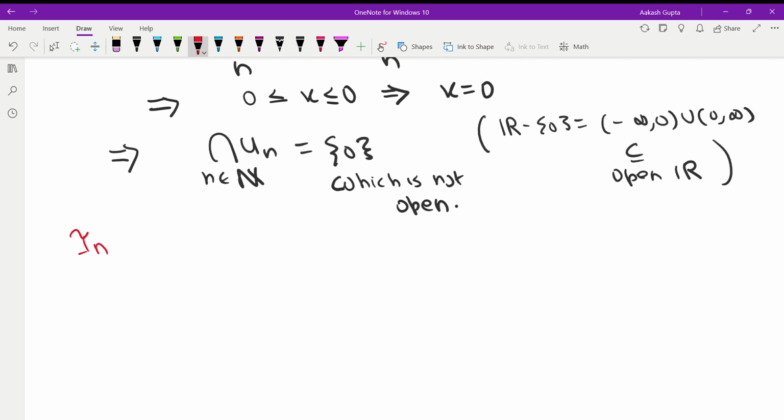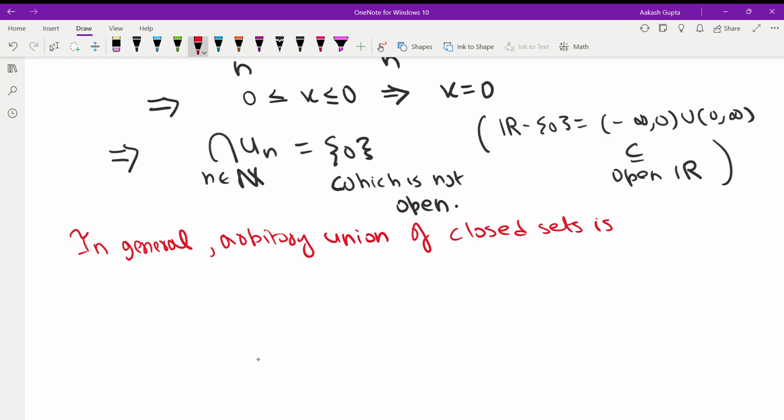Similarly, in general, an arbitrary union of closed sets is not closed.